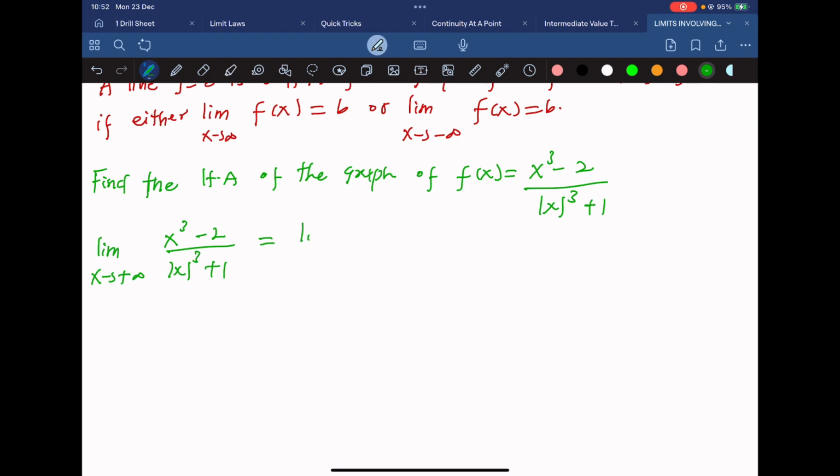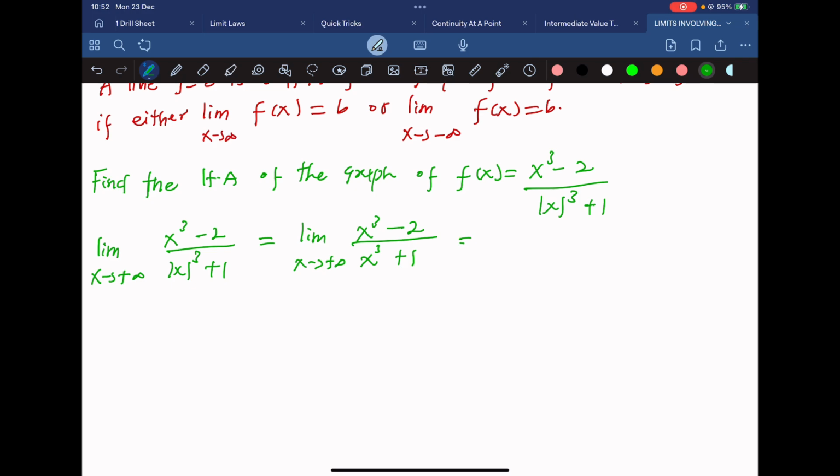Note that the main idea is the absolute of x: when x approaches positive infinity, absolute of x goes to x. So in that case, we have just x cubed over here plus 1.